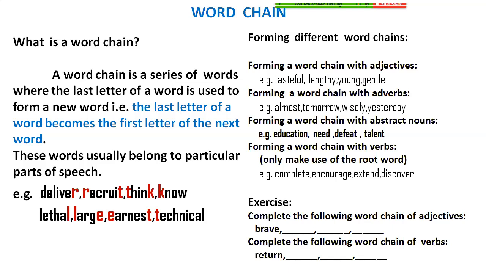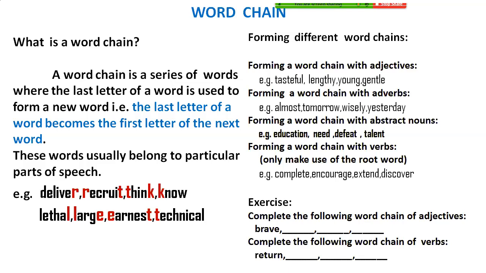Recruit ends with the letter T. This letter is then used to form the starting letter of the next word, that is think. Think ends with K. K is used to form the starting letter of the next word, know. If you've observed very carefully, all these are verbs.